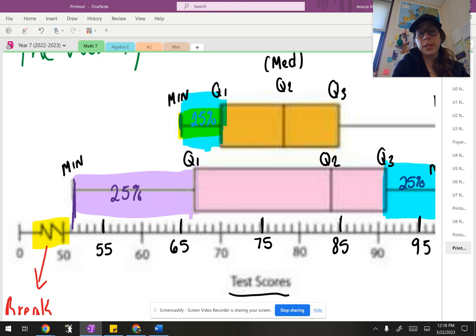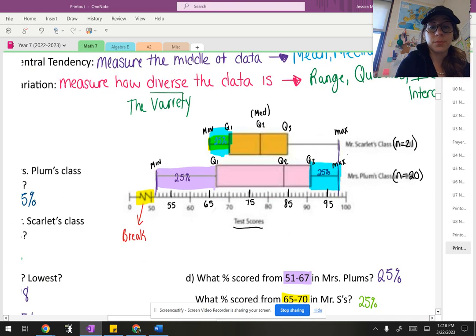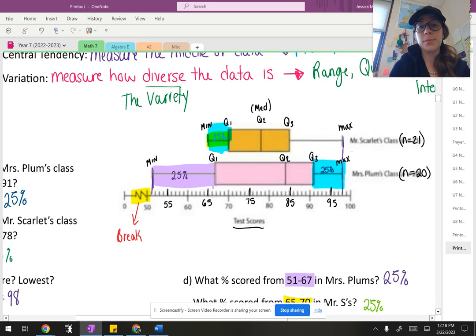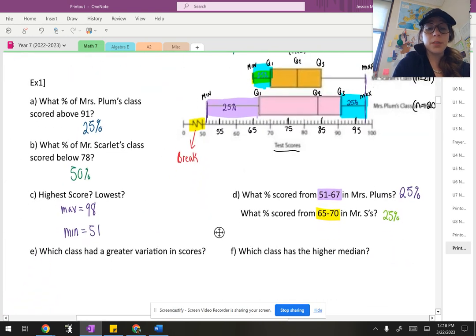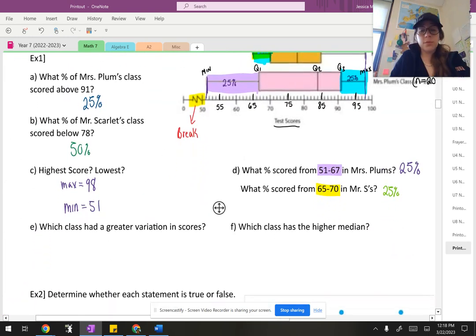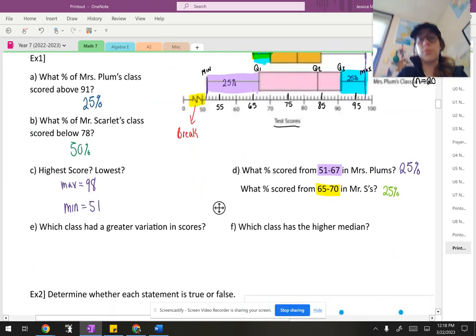So this purple space here still has the same number of data values as this blue space up here. The purple ones are just spread out further, whereas the blue ones are more condensed. So just remember that. All right, wrapping this up relatively quickly because we still have stuff to do.